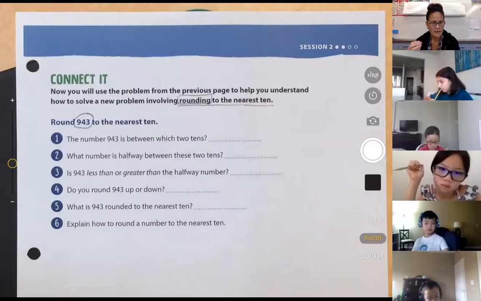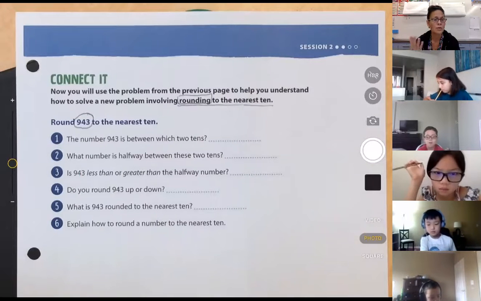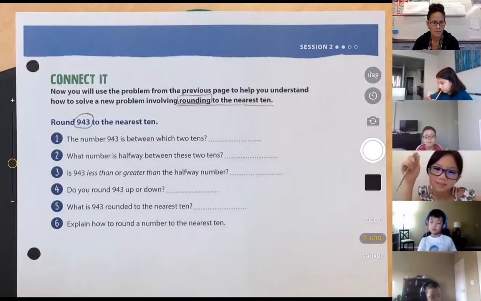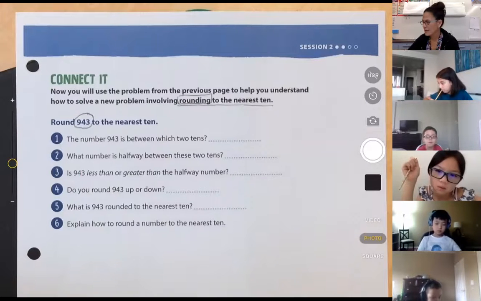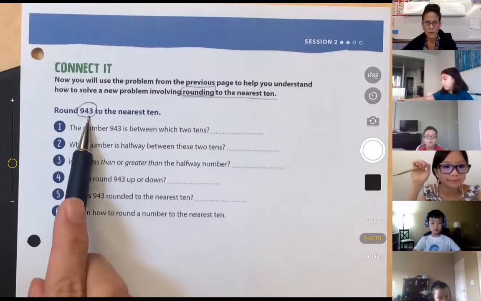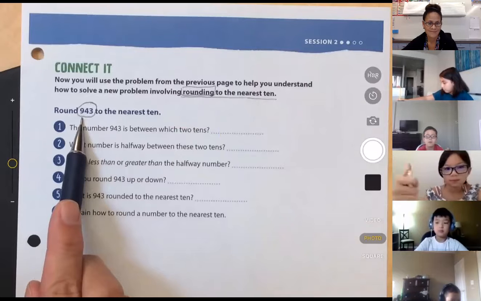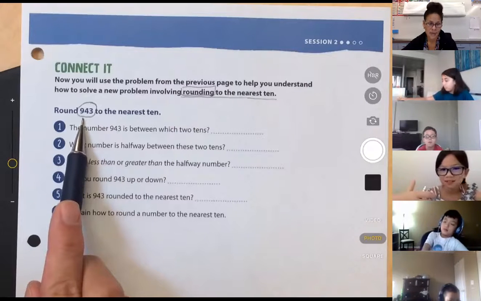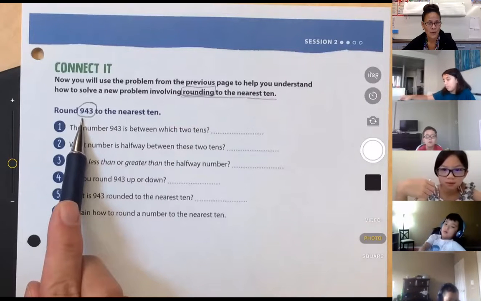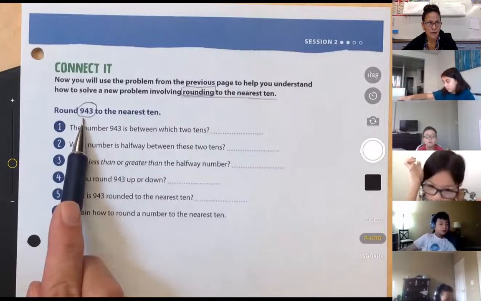Many, many times I get students showing me beautiful math on their paper, but they're not answering the question that's being asked. If I'm asking you to round this number to the nearest 10, what I don't need you doing is rounding it to the nearest 1,000. I need you to round it to the nearest 10, right? This is where our close read strategies are very, very important.